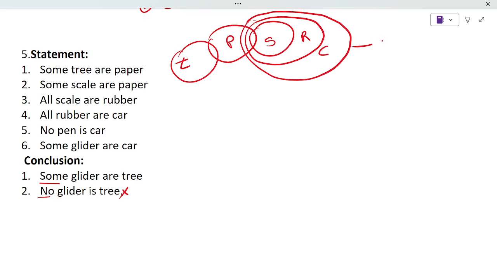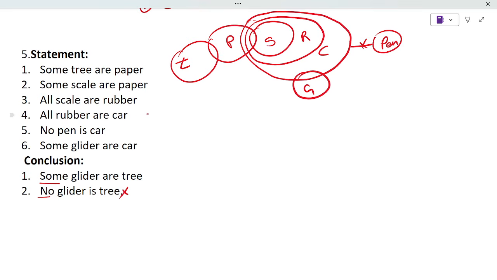That means no pen is car, so pen and car cannot join. This is pen. Some scale are car, so some part of scale belongs to car. You can use a soft touch. When you follow this method, you will not get puzzled.